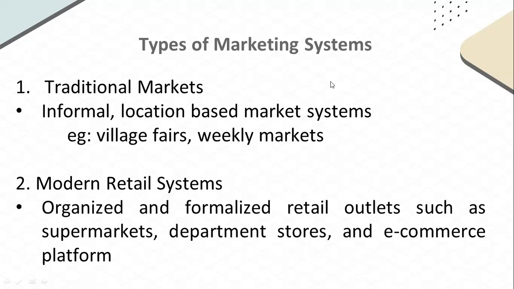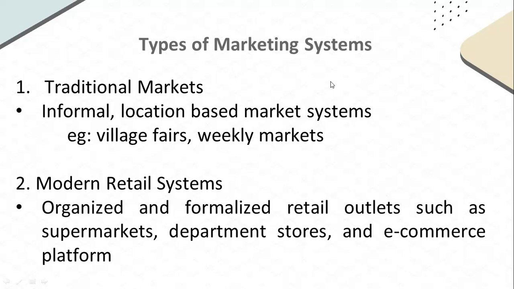So these are some examples for the modern retail systems, right? Can you understand? This is well organized and formalized retail outlets. The traditional markets are informal. Clear to you? These are the two simplest types of markets, traditional markets and modern retail systems.